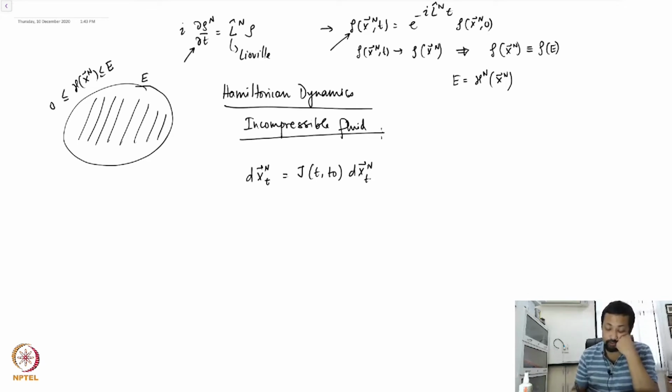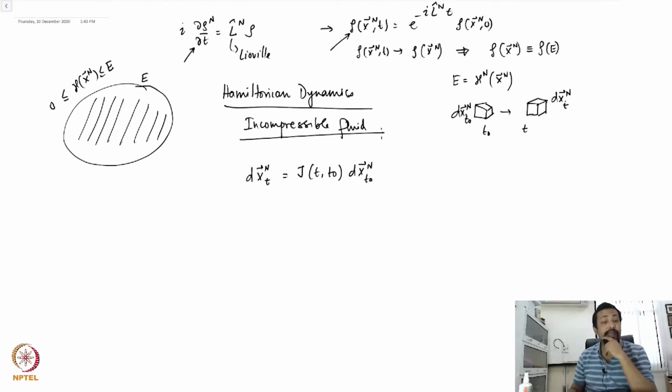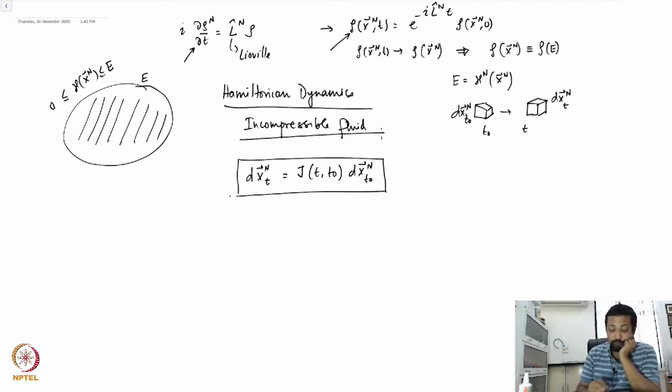So if you imagine two time snapshots, one at t0, the other at t, and you consider a volume element in the phase space at t0, then this volume element will go to the volume element dxN at the time t. The relation between these two volume elements is given by this, where J is the Jacobian, which takes you from t0 to t.